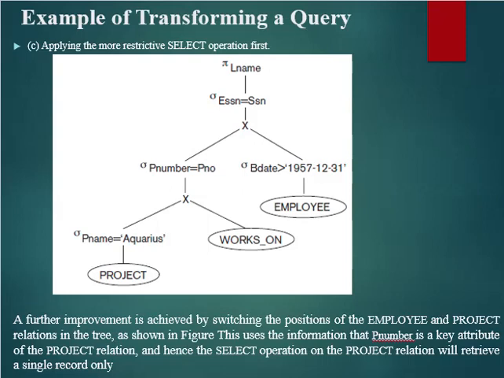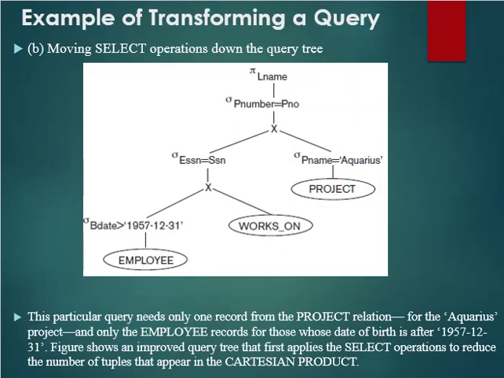In the previous tree we first join employee and works on, but the question is finding the names of all employees who work on a certain project, and the project name is Accuracy. You can find from the schema, and you have to cross check with the textbook, that in order to get the details of employees working in project Accuracy, we require the project table and works on table first.